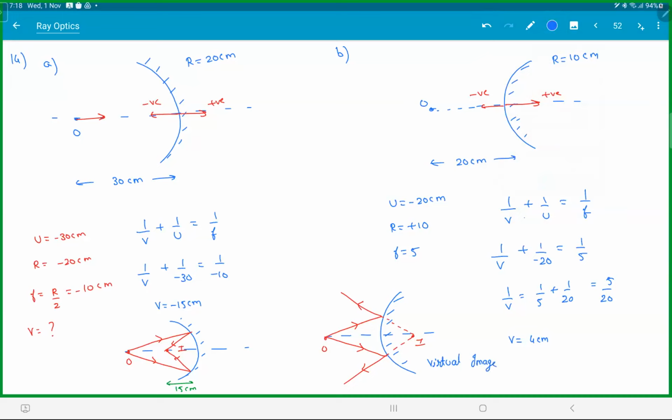Ray diagrams are important. That gives you an understanding of what is happening with the light rays. Have a look at this. Clear with this, everyone? Clear?